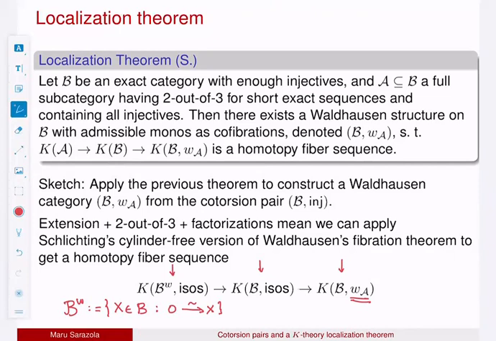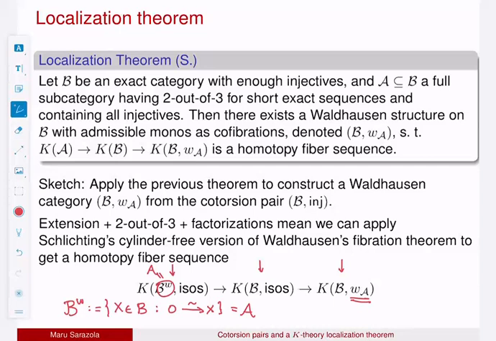However, like we said, we constructed this Waldhausen category so that the class of objects that are weakly equivalent to 0 are precisely the ones in A. So we constructed this in a smart way so that this BW is exactly A.